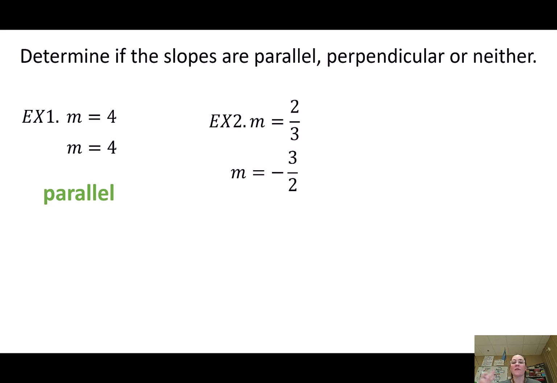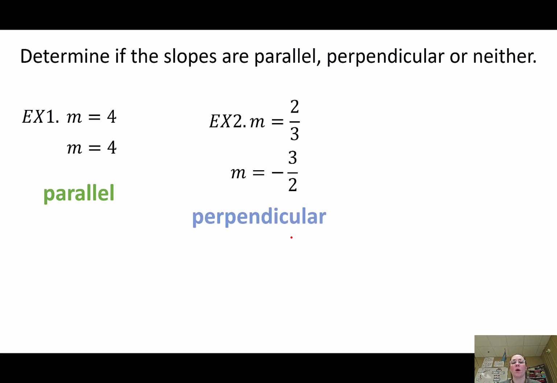My example 2, I've got 2/3 and -3/2. Okay, so they're not the same, but if we notice, 3's on the bottom there, 3's on top on this one. 2's on top there, 2's on the bottom. So they are flipped fractions, or reciprocals, and they're opposite signs.